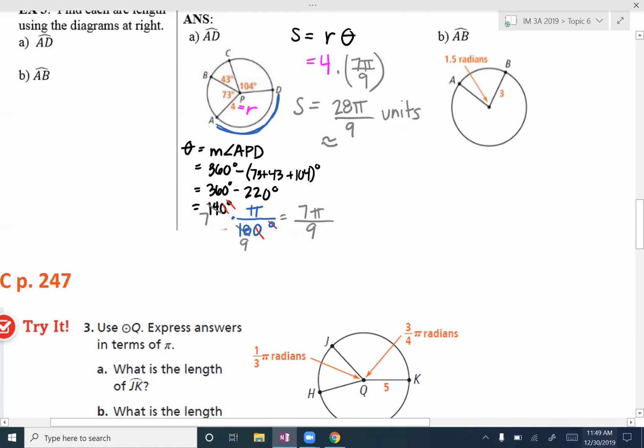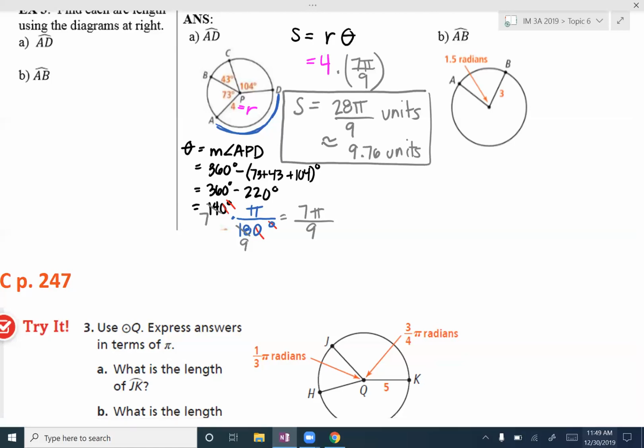If for some reason they were asking you to divide that, you would plug 28 times pi into your calculator, using the pi button instead of typing out 3.14, because it's more accurate and gives you more decimal points, and then divide that by 9. That's about 9.76 units. So the arc length of arc AD is 28 pi over 9 units, or about 9.76 units.